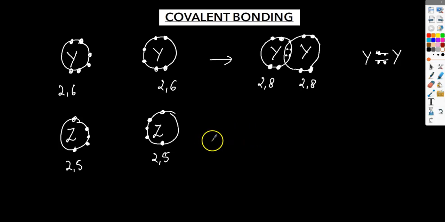In order to attain stable electronic configuration, they need 3 shared pairs, right?